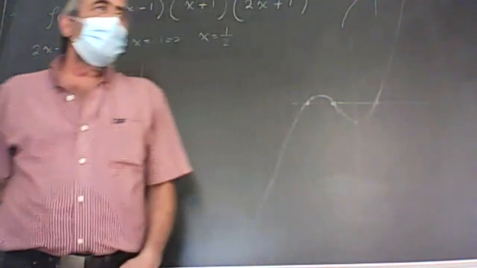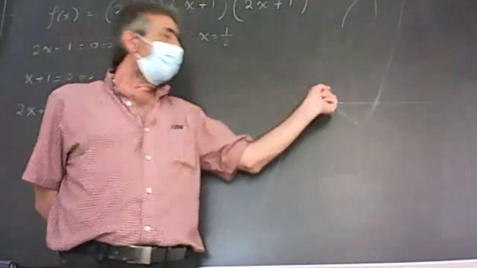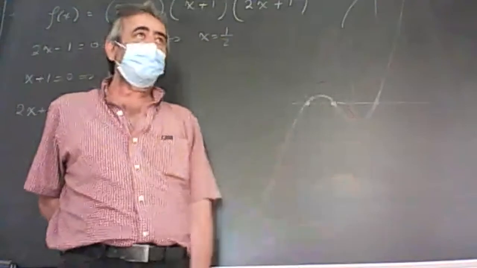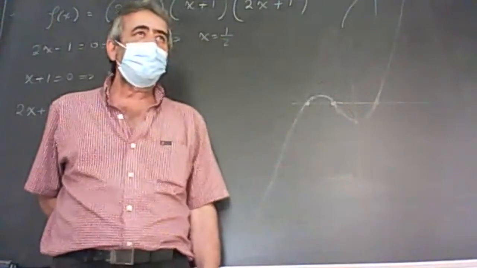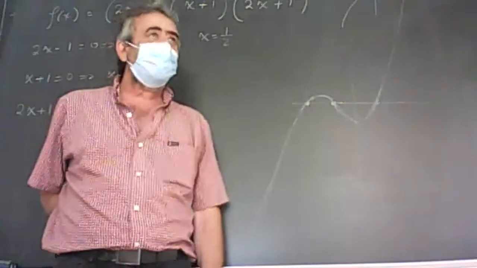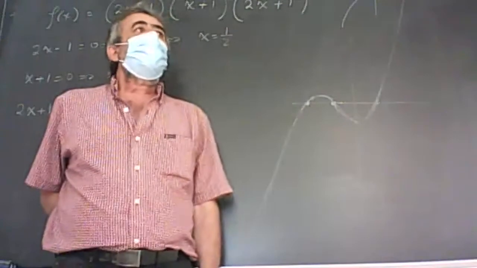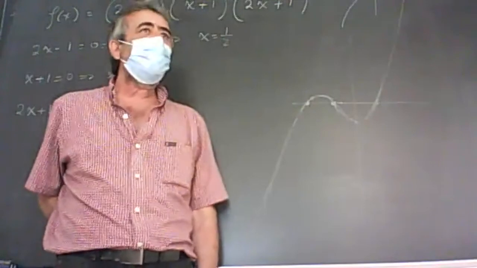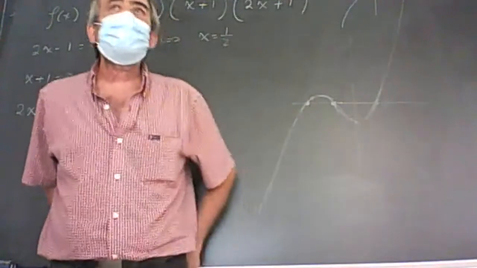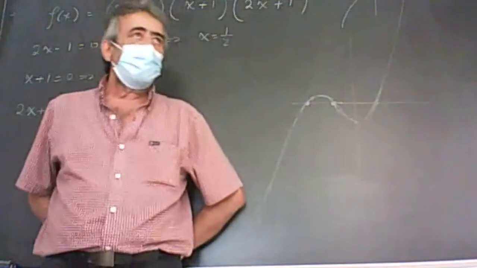Yes? Now notice, this graph has one hump, one valley. So this is at least a third degree graph. The number of humps and valleys will tell you the least degree polynomial you have. Okay?